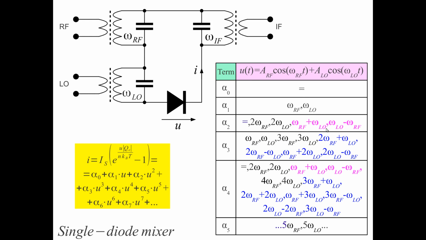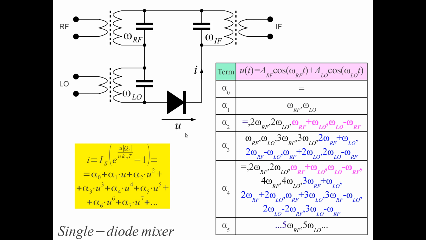Of course, higher order terms provide higher harmonics, like third harmonic, fourth harmonic, fifth harmonic, and also provide higher order mixing terms. We will talk about these mixing terms in a future lecture, not today, because these mixing terms can also provide mixing, but can also provide us troubles.